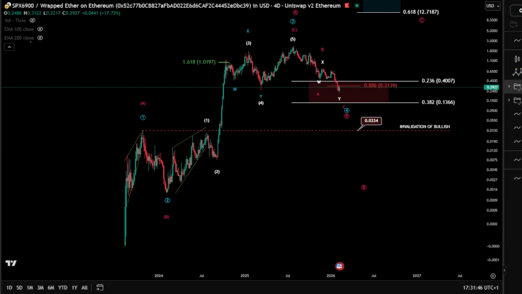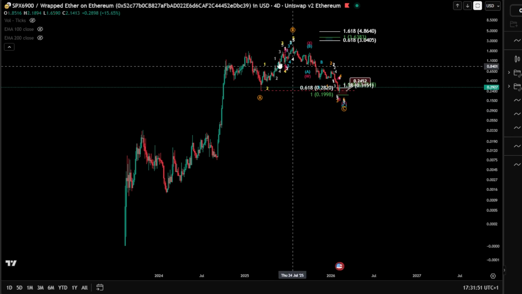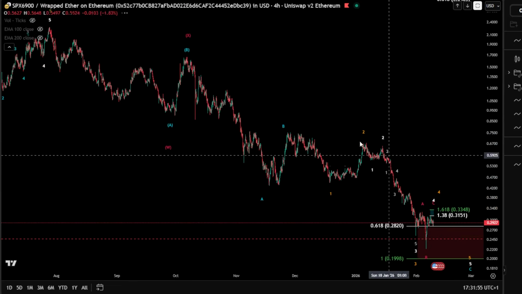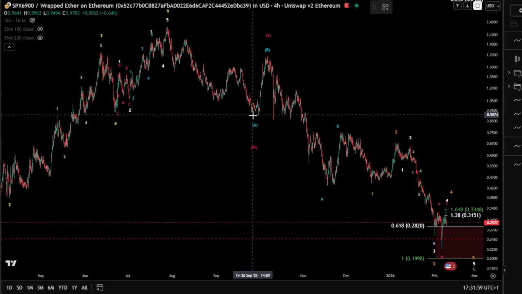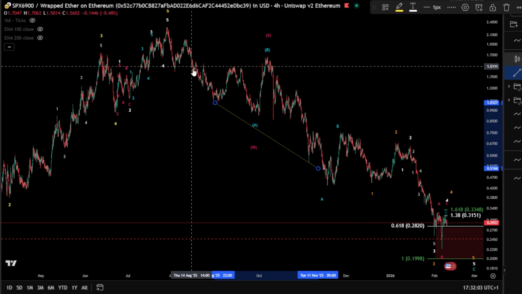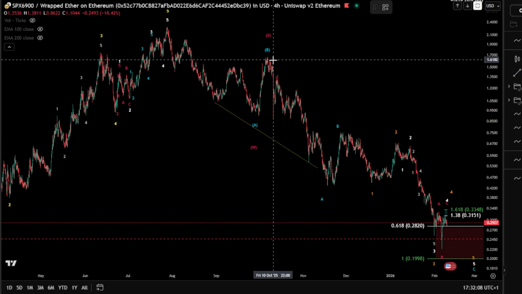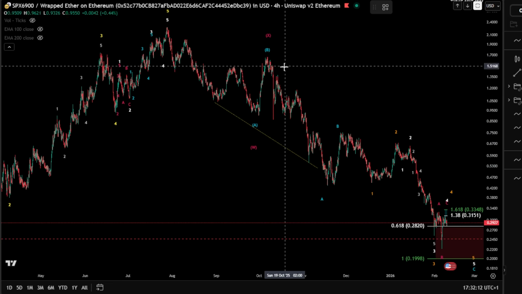If we dive inside to check on this wave C, when it might be finished, and whether we are very close to finishing it: on the 4 hour chart we are looking at this last drop, which can be 2 possibilities. You can consider a diagonal zigzag wave A, then wave 1, wave 2, and wave 3 as a zigzag, wave 4 and a wave 5 over there.